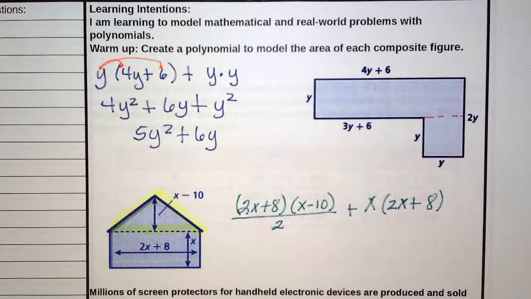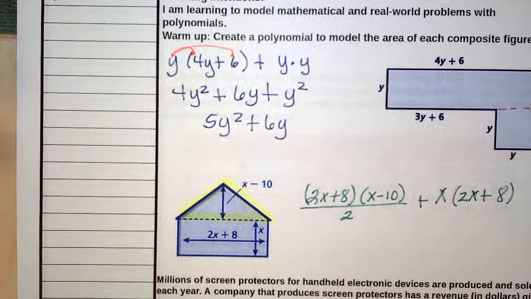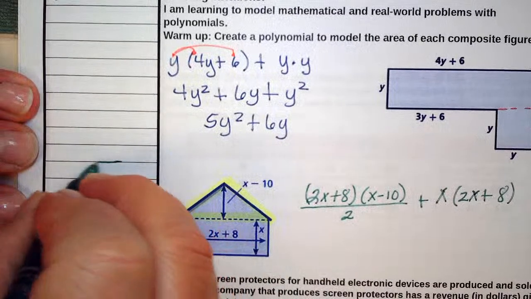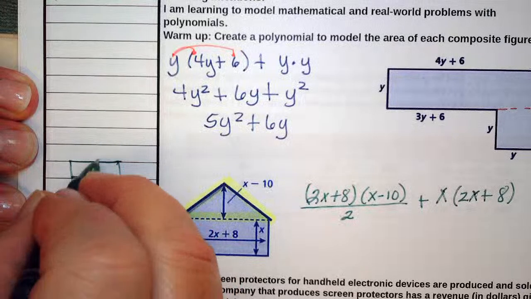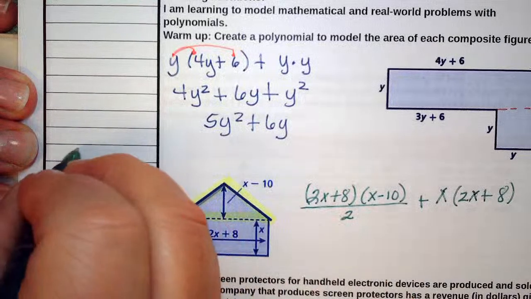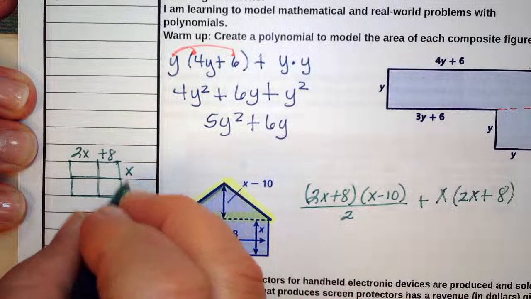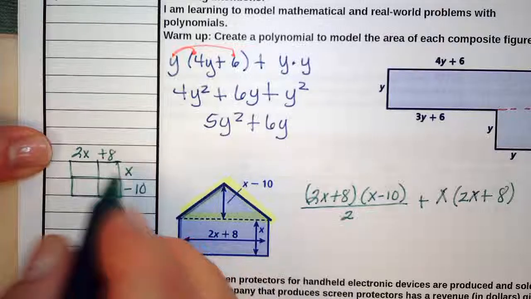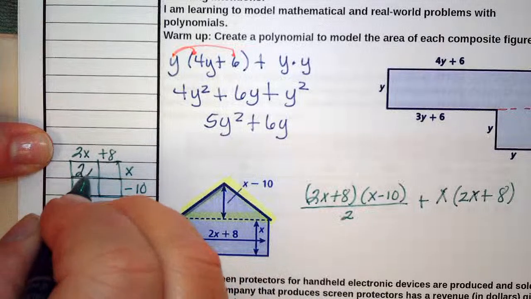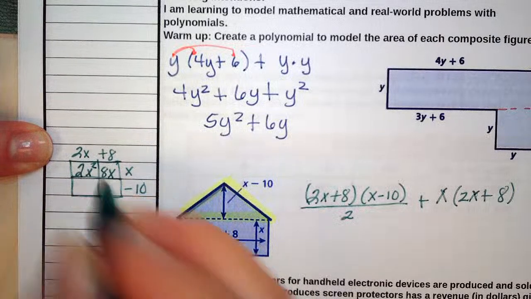Okay, I need to multiply two binomials. I'm going to come over here and create my box to do this with. 2x plus 8 and x minus 10. 2x times x is 2x squared. 8 times x is 8x.